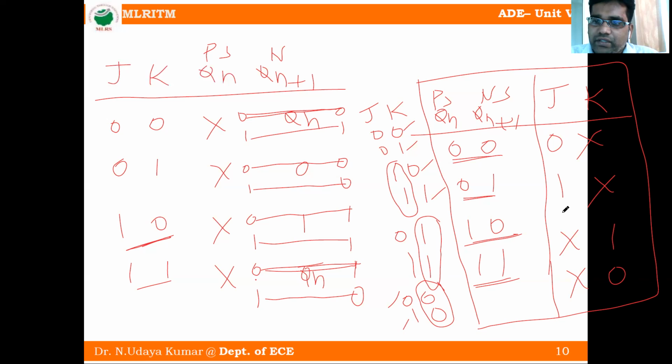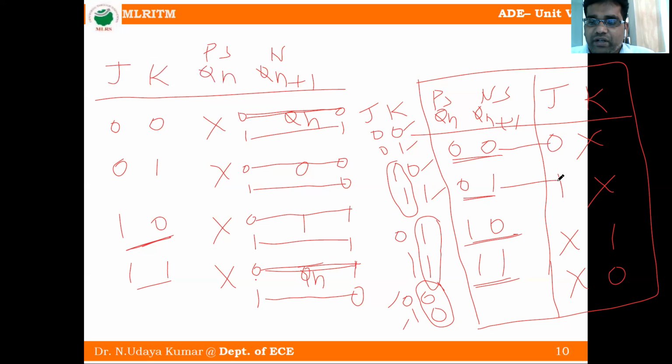You can remember one shortcut. Whenever you draw the excitation table for the JK flip-flop, first write the present state, next state combinations 0 0, 0 1, 1 0, 1 1. Then the J term can be written as this column, next state as it is, 0 1.